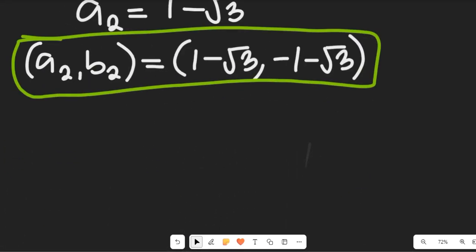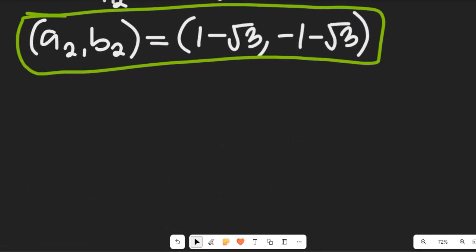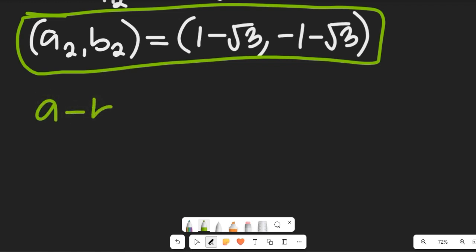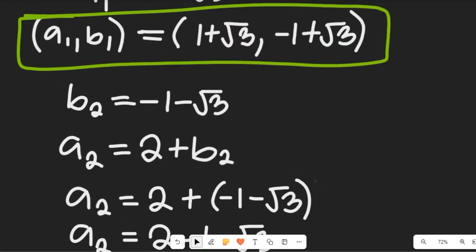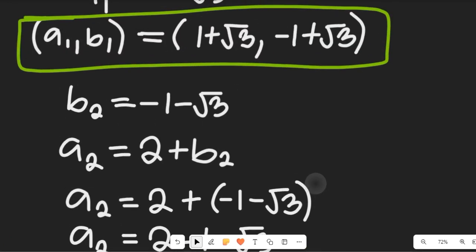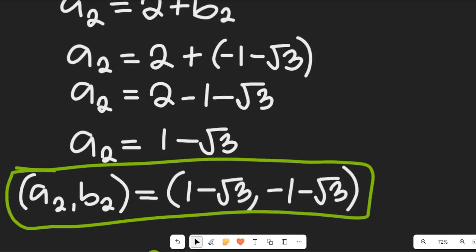So from the first expression, we are given the fact that a minus b is equal to 2. So using the first solution, we have our a to be equal to 1 plus root 3 and our b is minus 1 plus root 3.